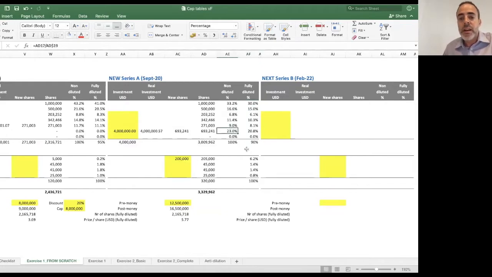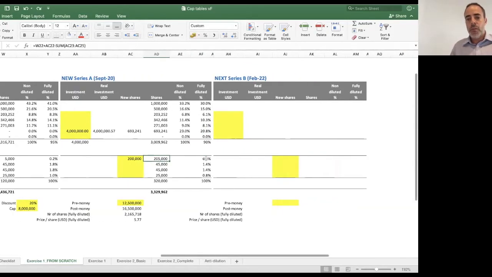You see, if we were not putting in those 200,000, the stake will be 22.1. But if we increase the pool, he's going to be diluted by 12% or so. Okay, so that is a point for discussion.